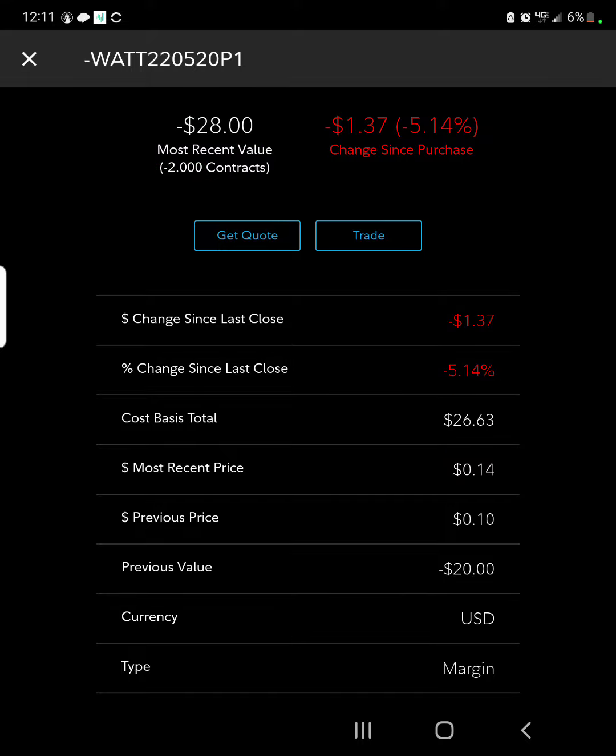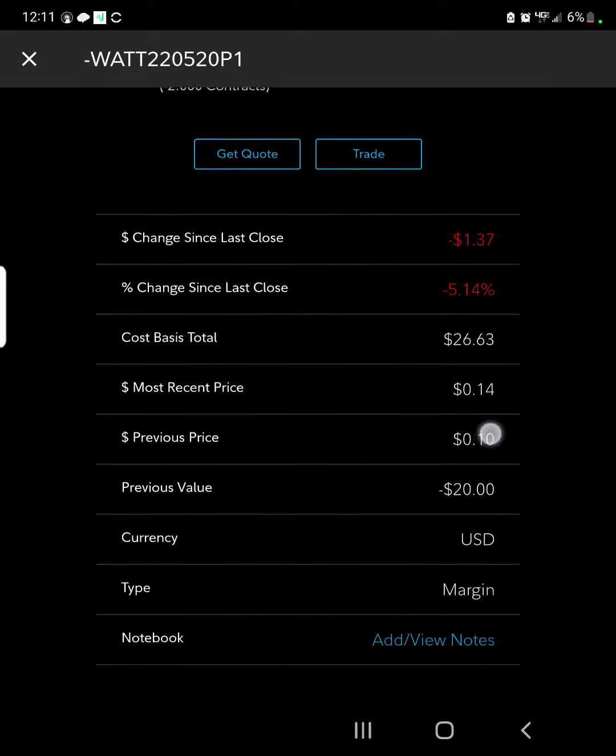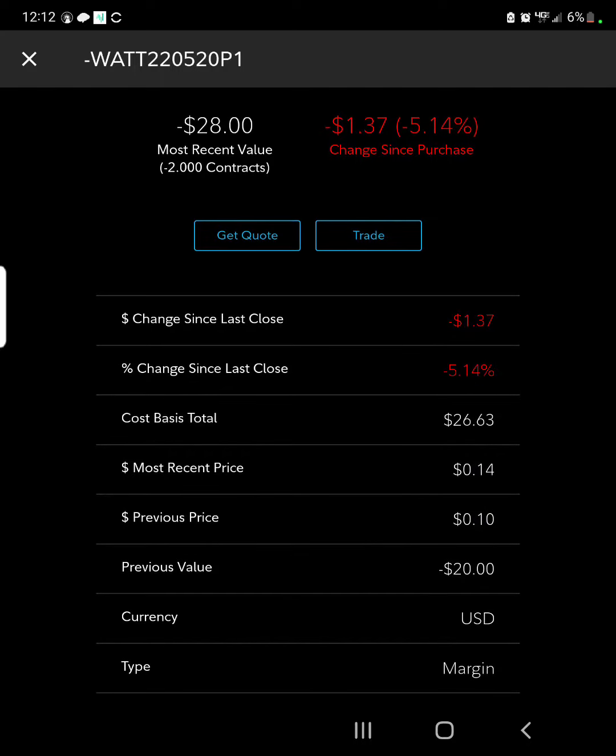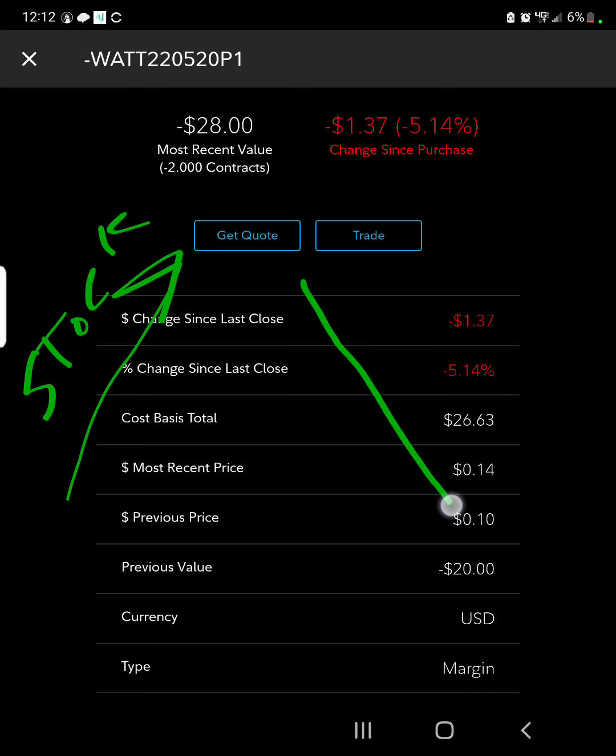So yeah, I did get it at a little bit better deal, but it looks like the value of it has gone down for me and up for whoever purchased it from me, which as the stock price goes down, these put contract values go up because it gives you that protection. If the stock was to go up, then the price of the put contract I sold would drop.